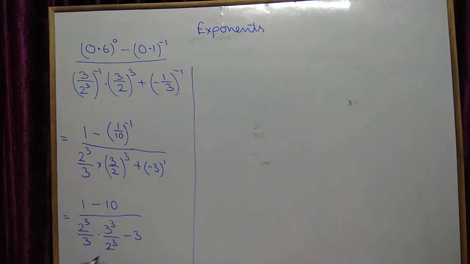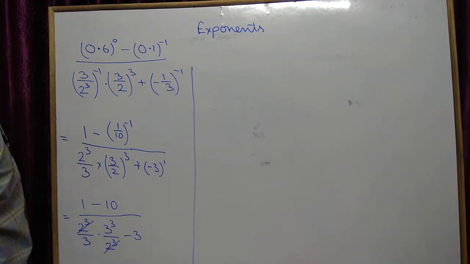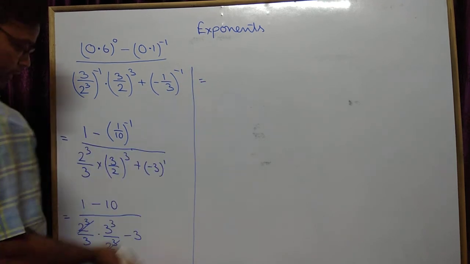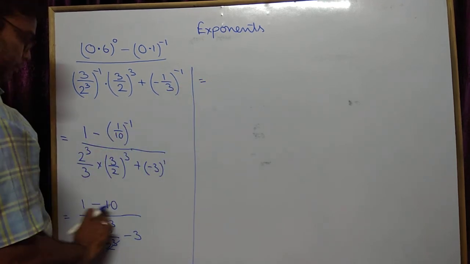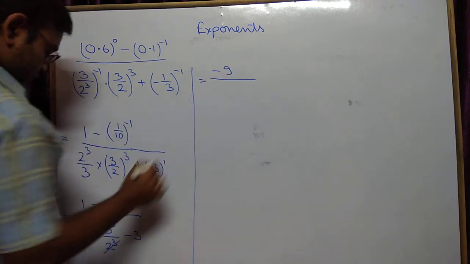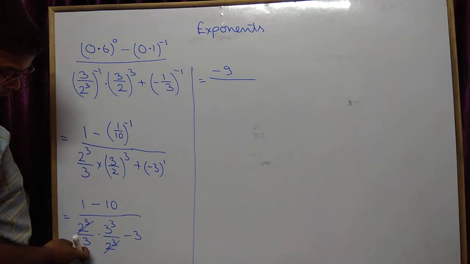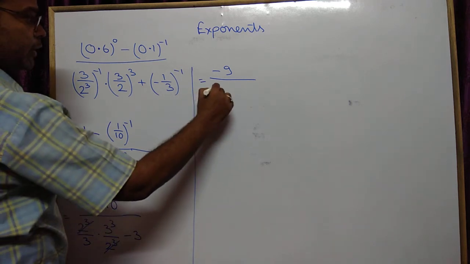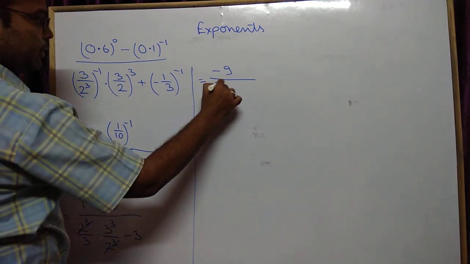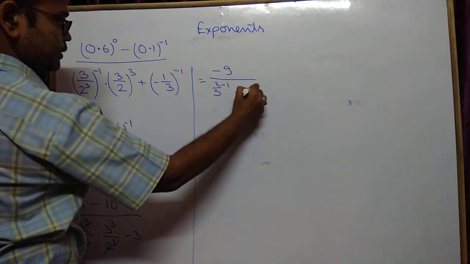Now see, 2 to the power 3 and 2 to the power 3 cancel each other. From this side to this, 1 minus 10, it's minus 9. 3 to the power 3, here 3 to the power 1. So what do we have? We have 3 to the power 3 minus 1 and minus 3.